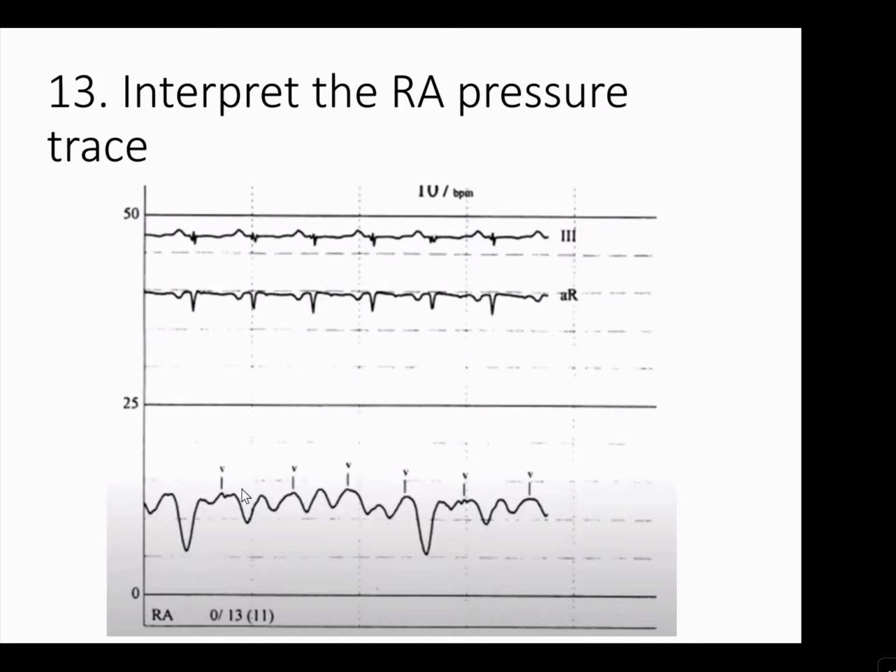Although Y descent is prominent, intermittently it is very prominent. So why is it intermittently very prominent?